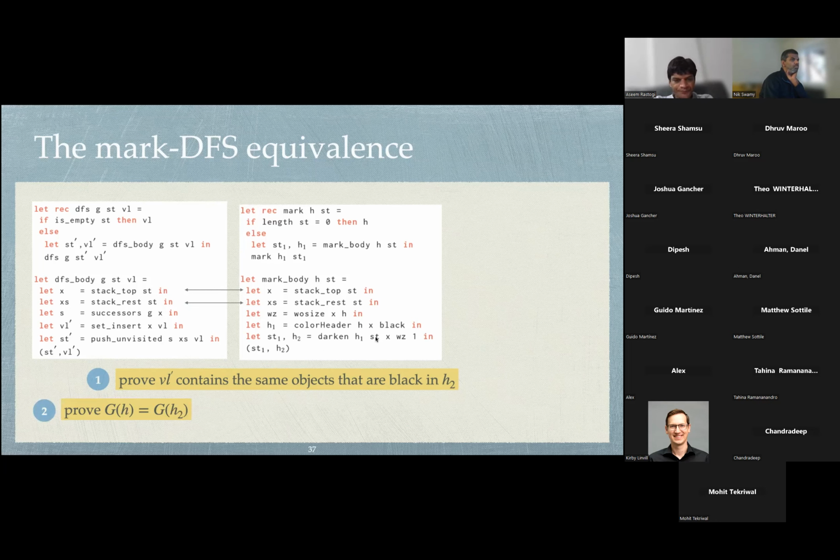These two coloring operations do not alter the membership in the object graph, because white, gray, and black are all actually members of the object set. So that's why G of H equal to G of H2 we can actually prove. No field pointers are changed, only the colors are changed, and the membership is not altered by the color change.